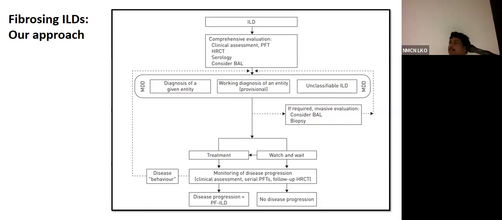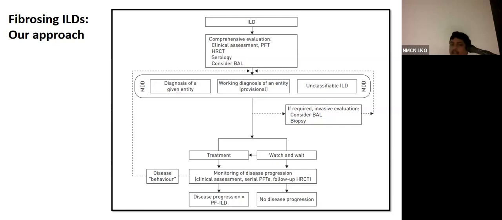This was followed by a multidisciplinary discussion, MDD, between clinicians, pathologists, and radiologists to obtain a diagnosis of a given entity, or a working diagnosis, that is a provisional diagnosis, or it was labeled as unclassifiable ILD. BAL study or biopsy, if required, was done in selected cases after MDD.